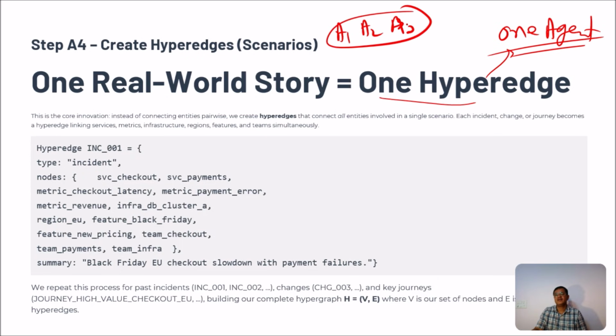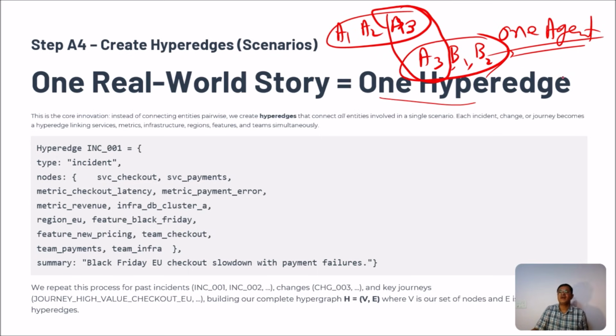If these three nodes are in one hyperedge, and suppose A3, B1, B2 are nodes in another hyperedge, then there will be a connection like this. This way, multi-agent node systems will be connected.